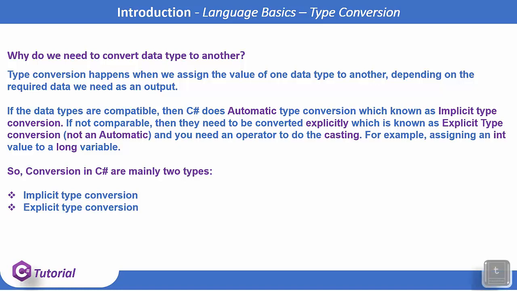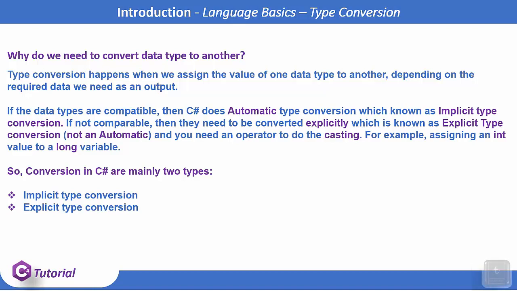But when they need to be converted explicitly, which is known as explicit type conversion, or not automatic, we need to have an operator to do this type of casting, changing from this type to the other one.